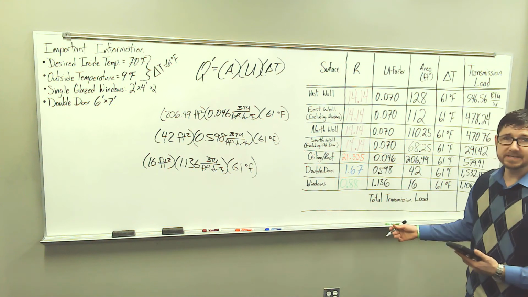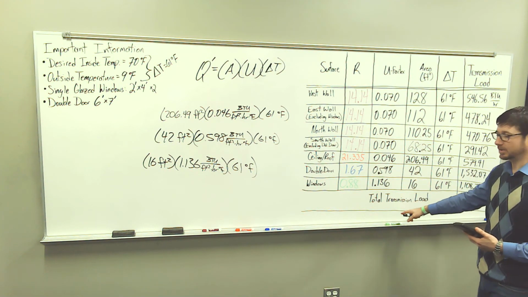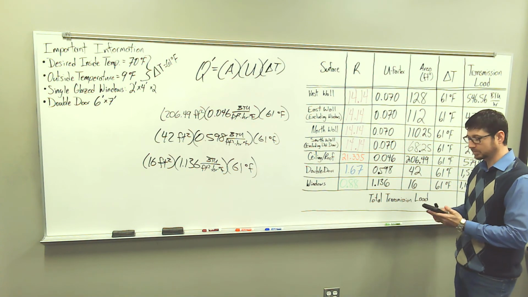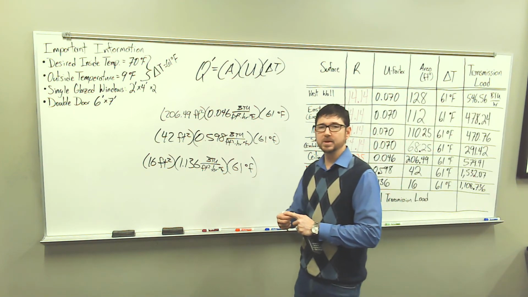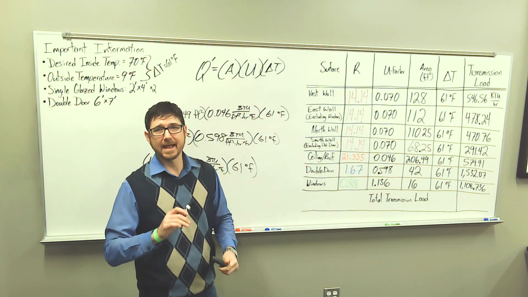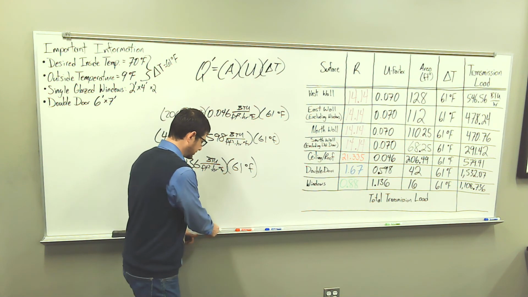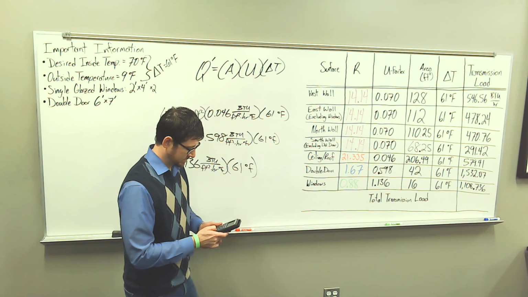So now what we need to do is sum this column for transmission load to calculate the total transmission load. Remember, this value is going to tell us how many BTUs per hour we're losing.